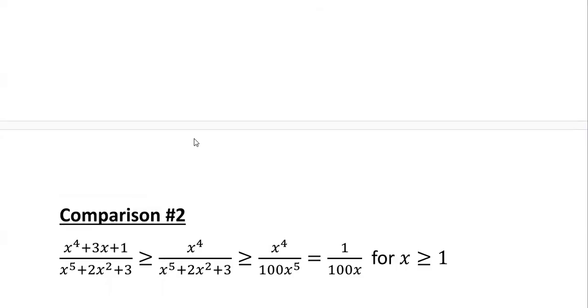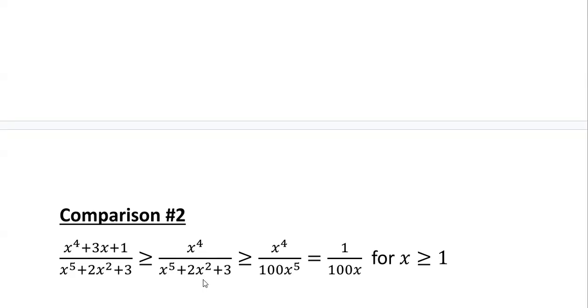Okay, so I did it in a few steps, actually. So our original function is greater than or equal to this guy over here. I just took out the 3x plus 1. Since the top has fewer terms, it's smaller, we're not adding as many things, this guy's going to be smaller.